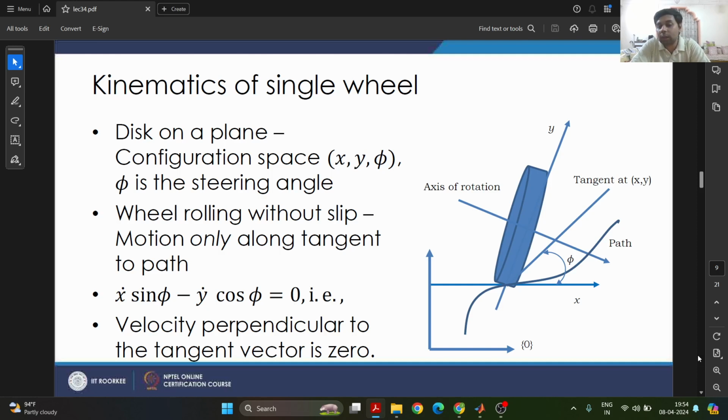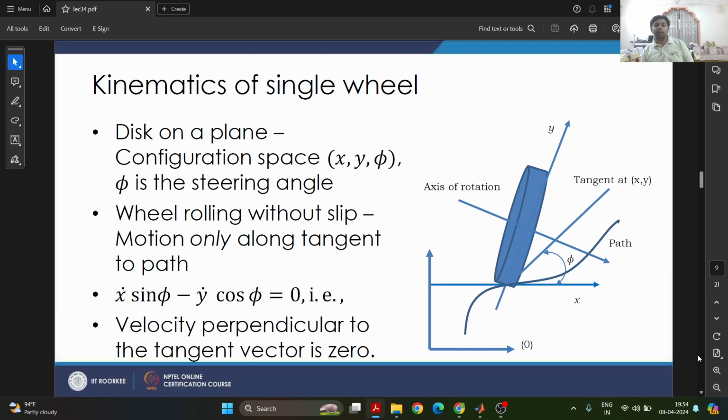So basically the instantaneous velocity of the wheel should always be directed along the tangent to that path. So there will be no sliding motion sideways, perpendicular to that path. So physically that is what I think it means.